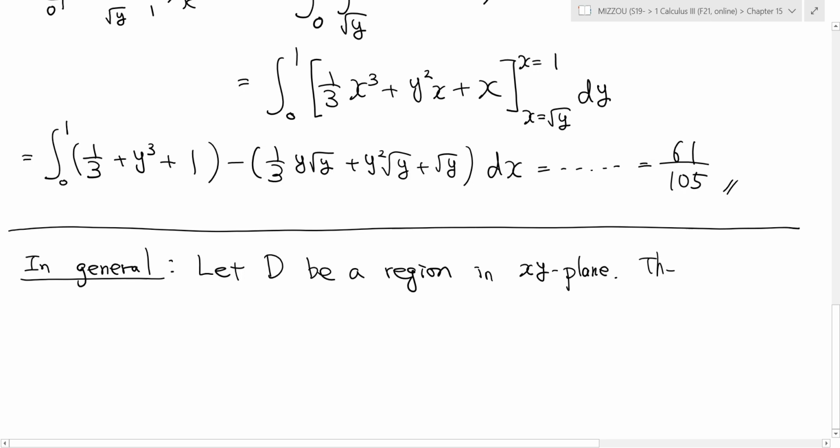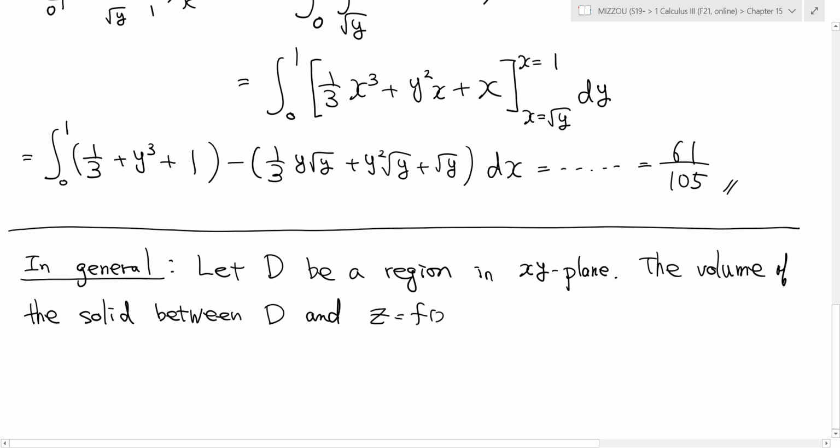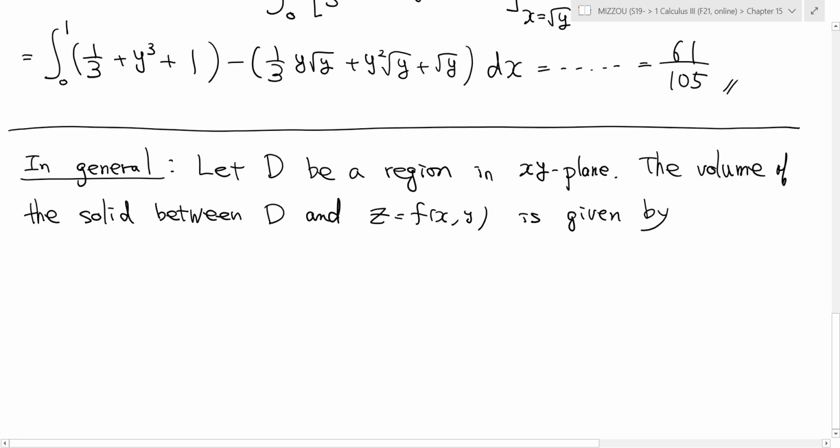The volume of the solid between D and some function z equals f of xy is given by this double integral of the function dA, and over D we often write it this way.